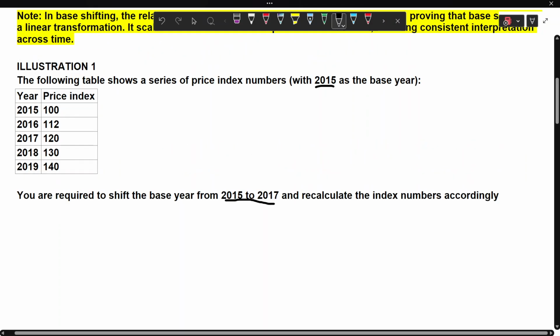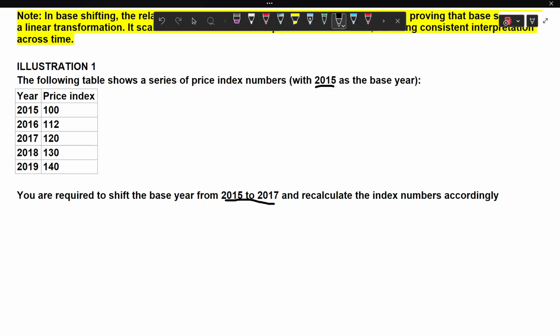Even if the question didn't state that the old base year was 2015, you should know that the base year always gives us a price index of 100. Now, we have to shift the base from 2015 to 2017. How do we calculate the new index based on 2017?